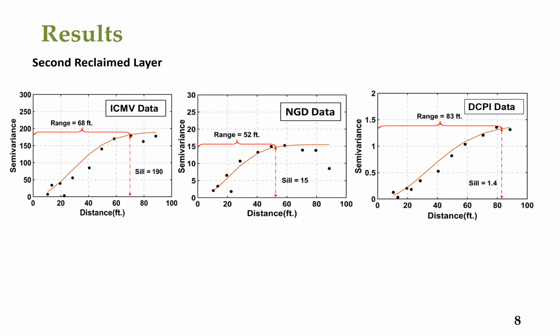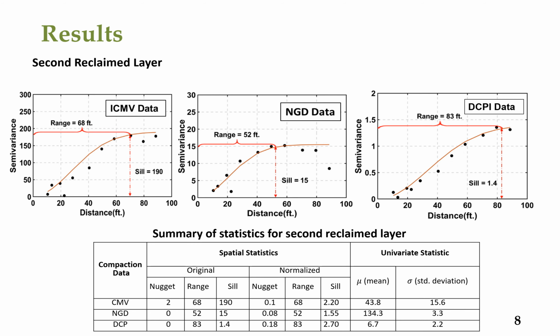This was interesting because we were expecting lower degrees of uniformity and consistency in the second reclaim phase, because we were adding to the non-homogeneity of the material. And this is also the summary of the statistics for the second reclaim layer. As you can see again, the range values of the normalized and original semi-variograms are identical.